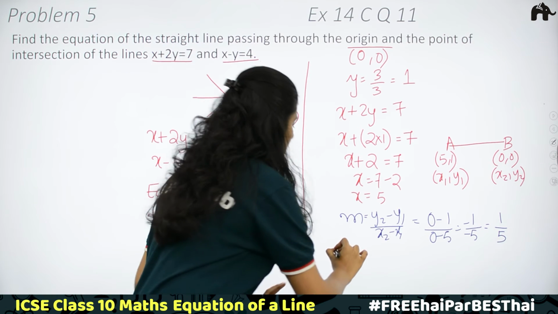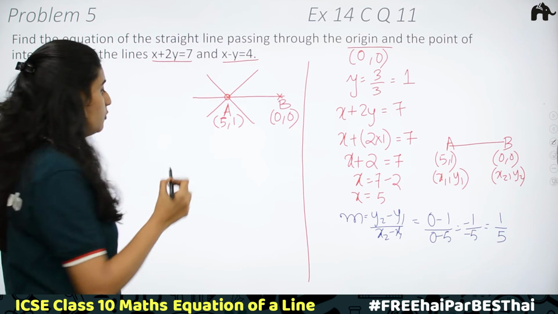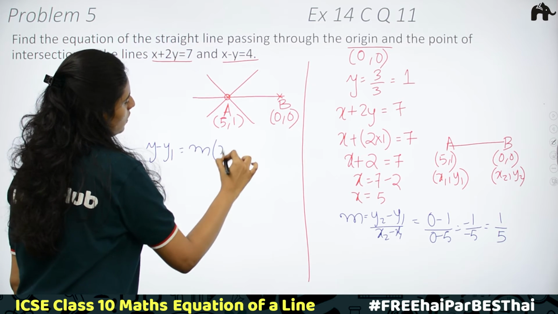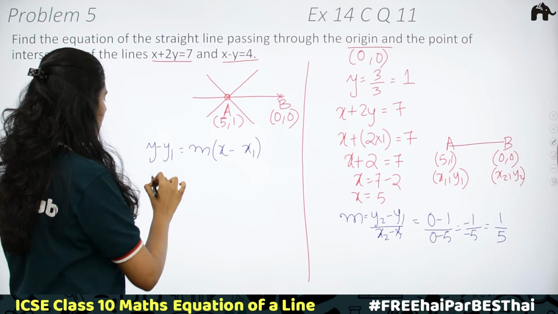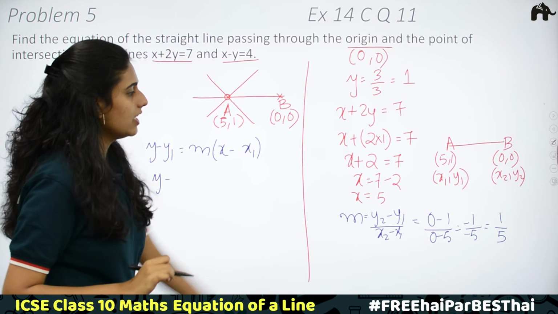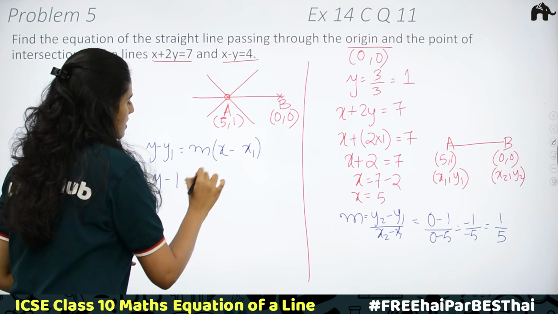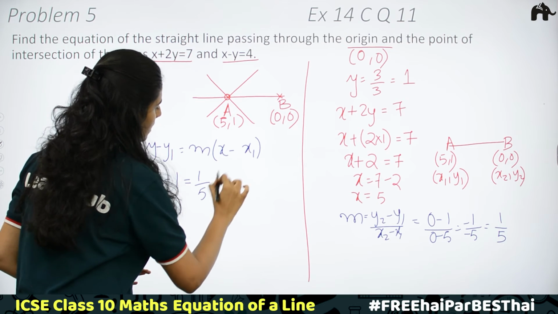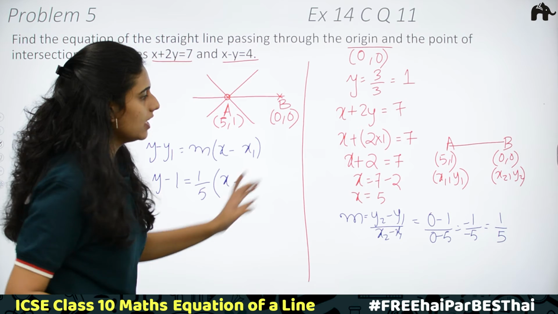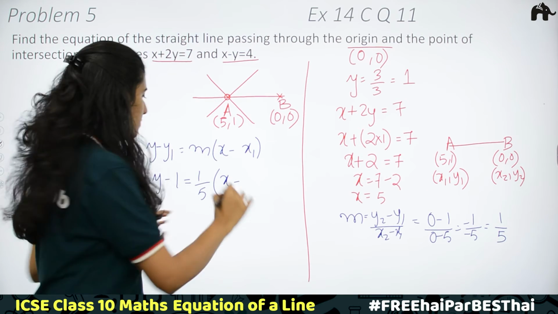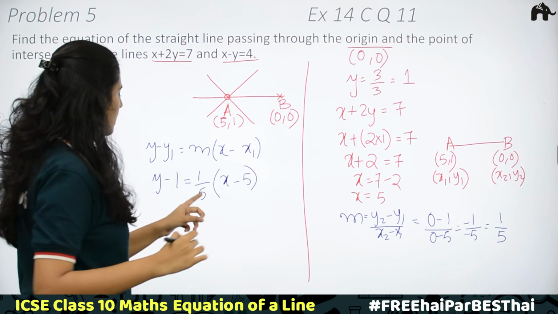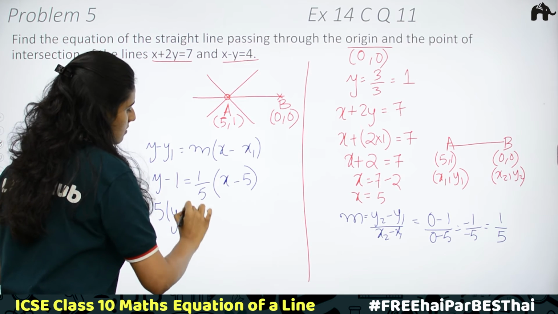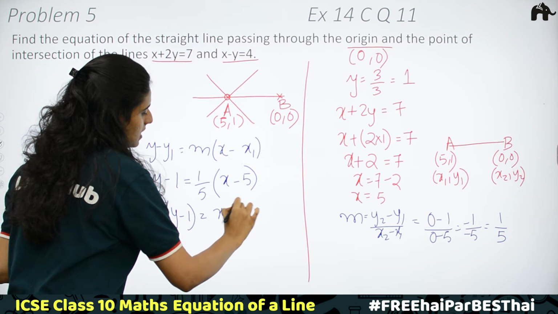Now, the equation. Slope intercept form, y minus y1 is equal to m into x minus x1. Putting values, y minus 1 is equal to 1 by 5 into x minus x1. Here x1 is 5. Now, taking this 5 to the opposite side, 5 into y minus 1 is equal to x minus 5.